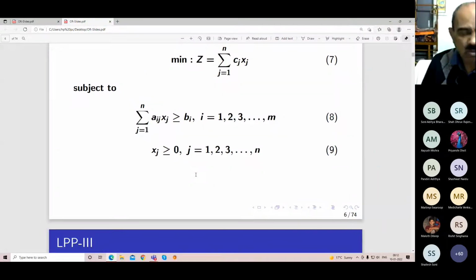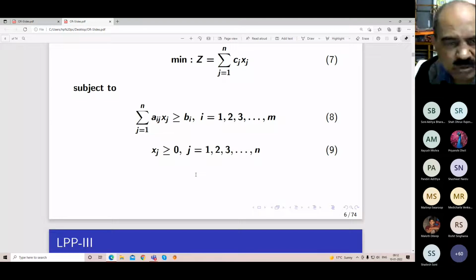Now, generally this linear programming problem we solve using a system of linear equations. Whenever you are solving a system of linear equations, let us say the system is non-homogeneous.